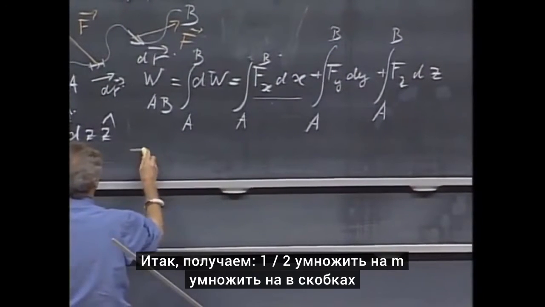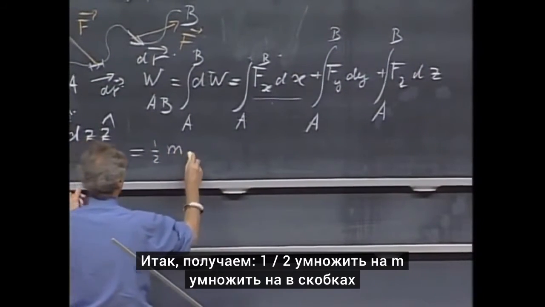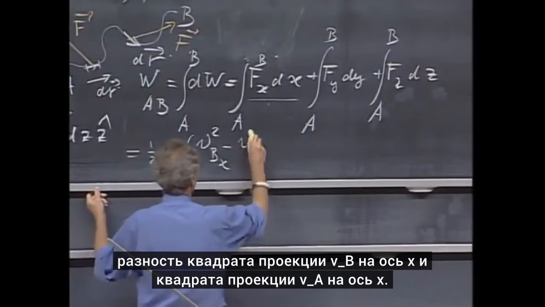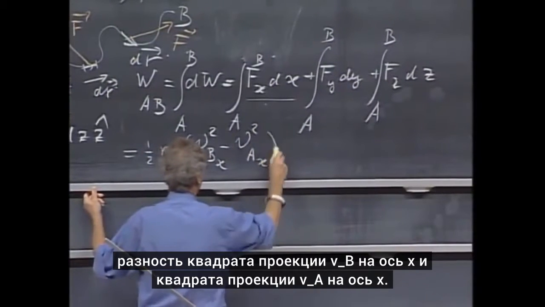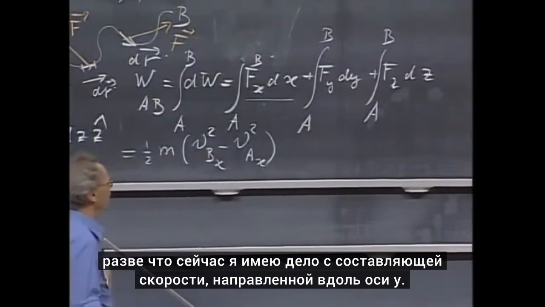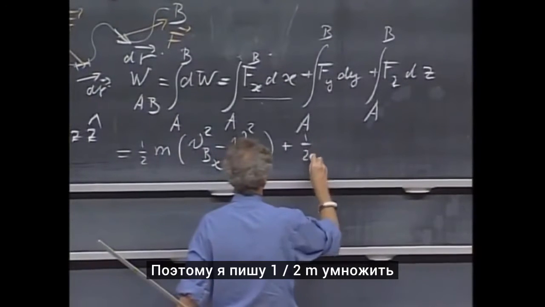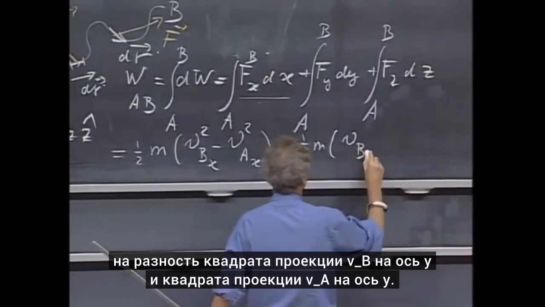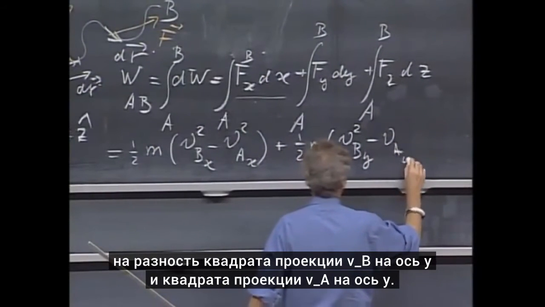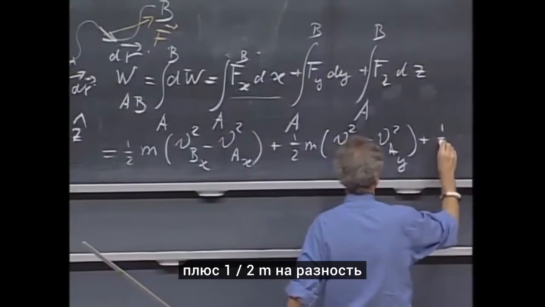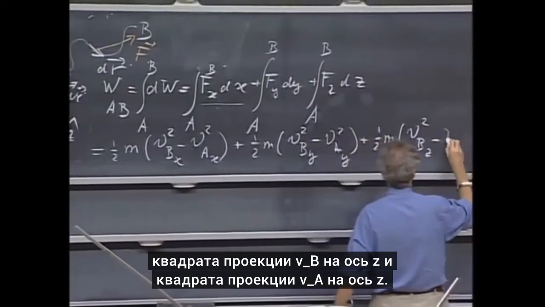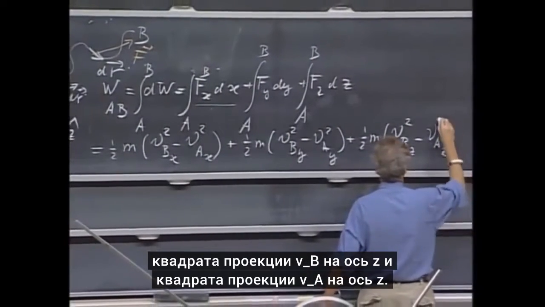So we have 1/2 m vb squared, the x component, minus va squared, the x component. This is also a one-dimensional problem now, except that now I deal with the y component of the velocity. So I get 1/2 m times vb y squared minus va y squared plus 1/2 m vb z squared minus va z squared.